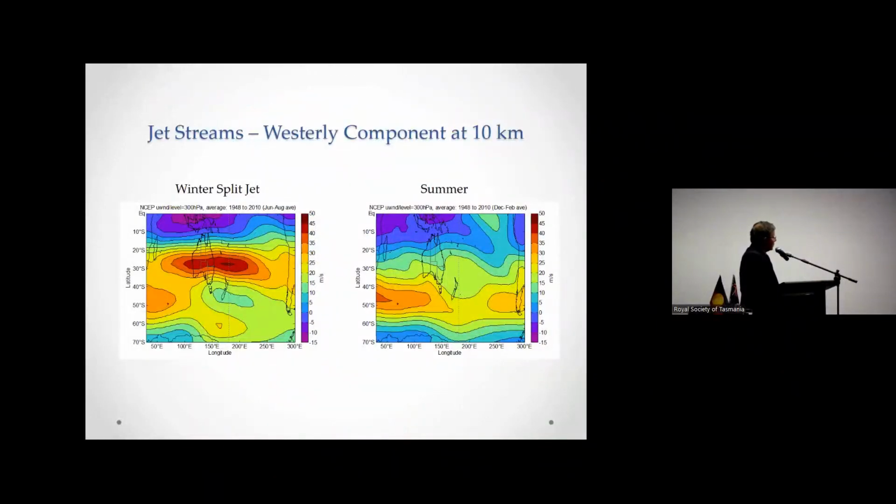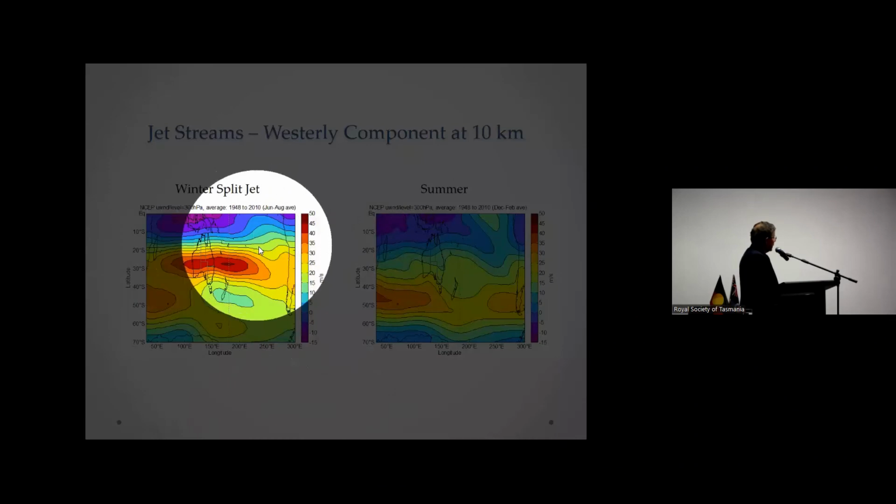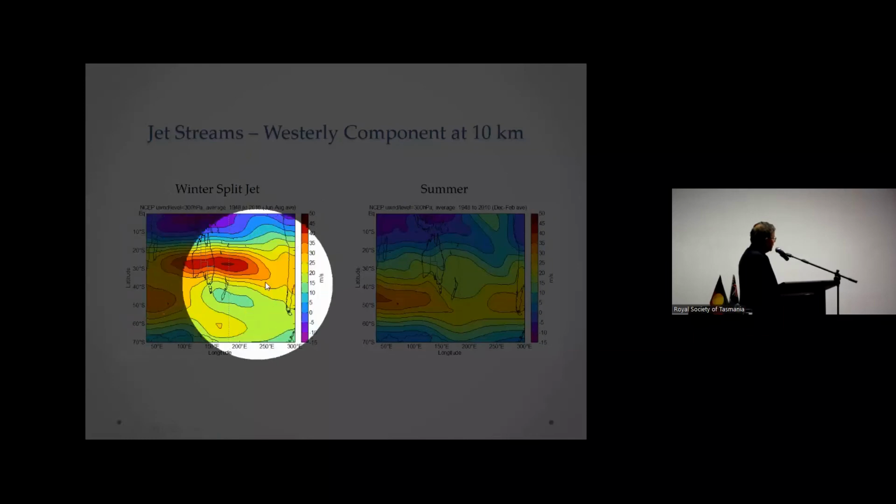But as I said before, meteorologists don't just look at the surface, because a lot of what's happening to your weather is being decided high up in the middle levels of the atmosphere and near the tropopause. In winter, in fact, we find that around about 10 kilometres or so in the atmosphere, a very strong westerly jet forms due to the temperature gradients across the continent.